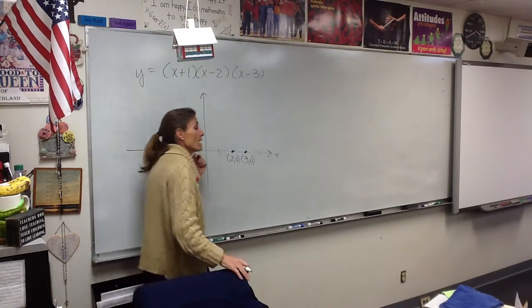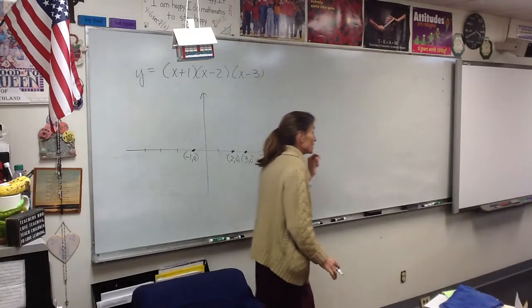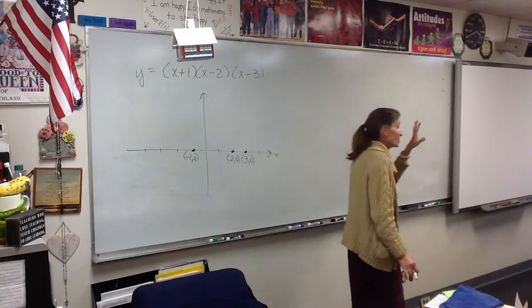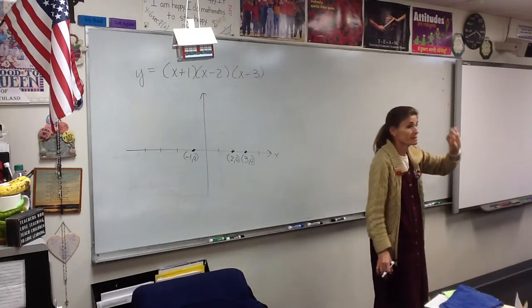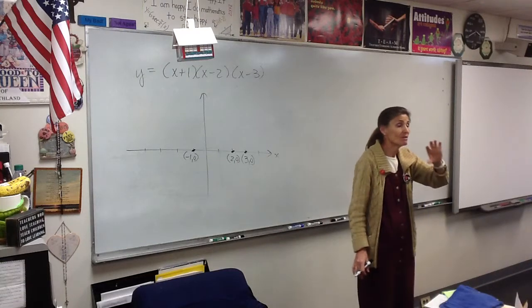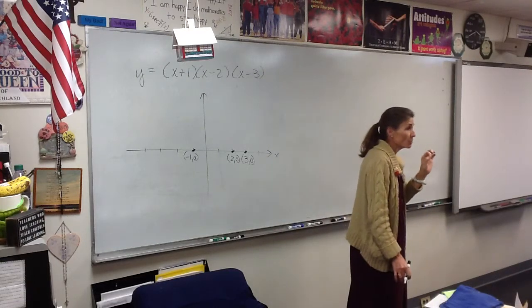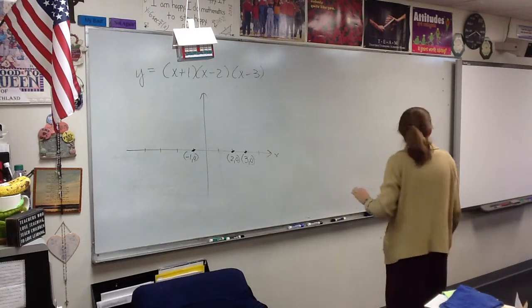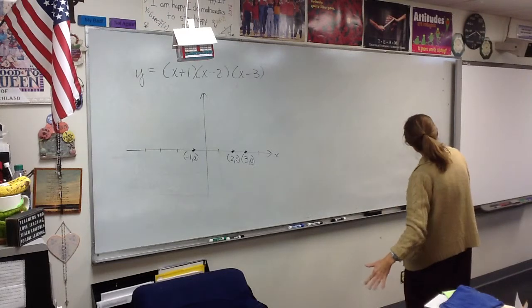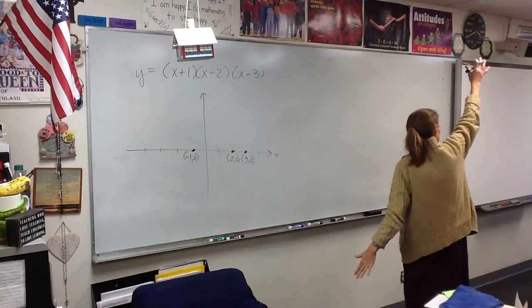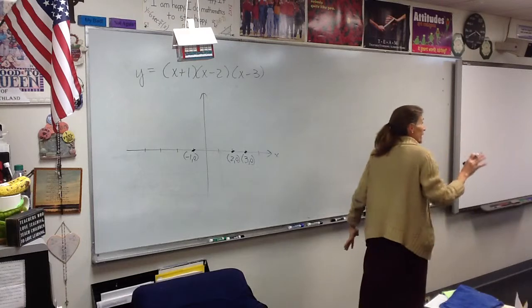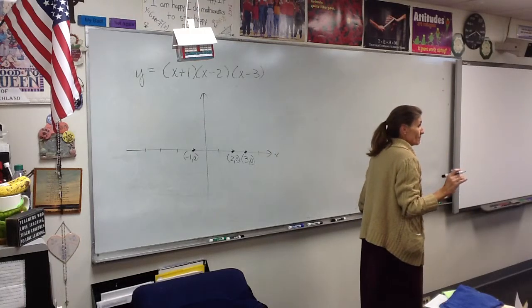If you are an odd degree polynomial, so whether it's x to the 3rd, x to the 5th, x to the 7th, you start down and end up. Think about your BFFs.